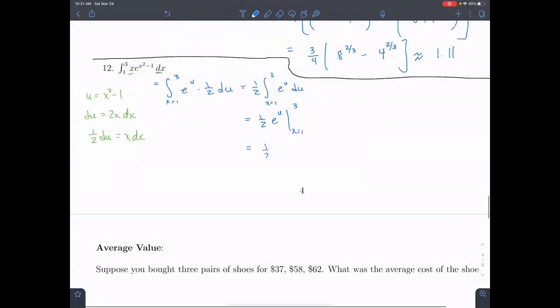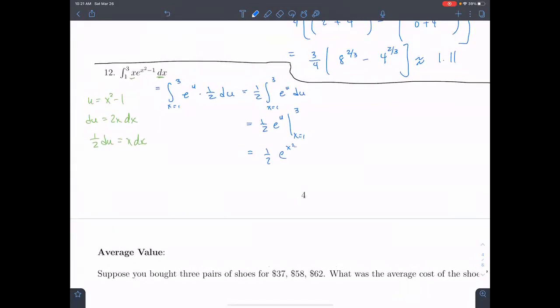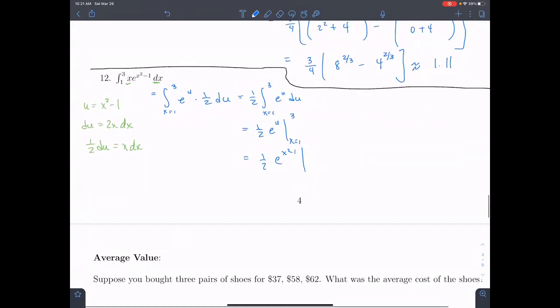We're going to plug in what u is, which is x squared minus 1. That'll be evaluated from x equals 1 to 3. So we have 1/2 e to the (9 minus 1) minus e to the 0. So that's 1/2 (e to the 8th minus 1).